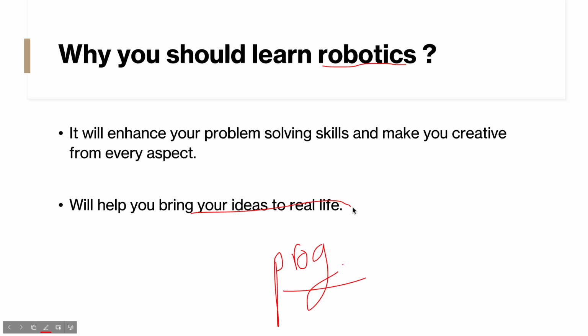If you want to become a programmer, you need problem solving skills, and also in real life, in maths, in all of life, you will require problem solving skills, and robotics will give you that. It will also make you a creative person, as you will be able to innovate and make things from your innovation.